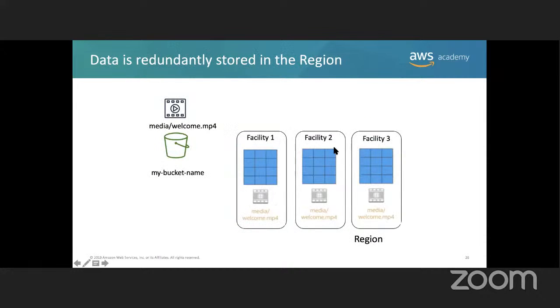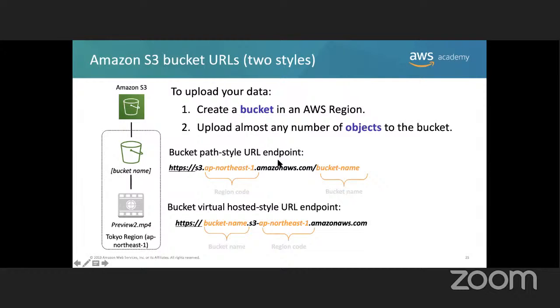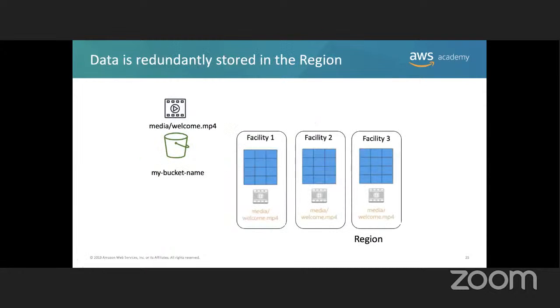Now, it's very redundant. Like we said, it's replicated in three different, dispersed availability zones. Don't forget that availability zones are separated by about 50 to 60 miles from each other. That's for isolation, in case of disaster, so your resources are still available when you put them in different availability zones.